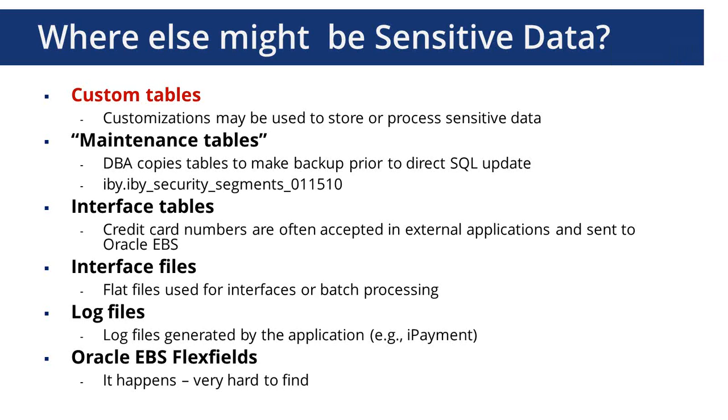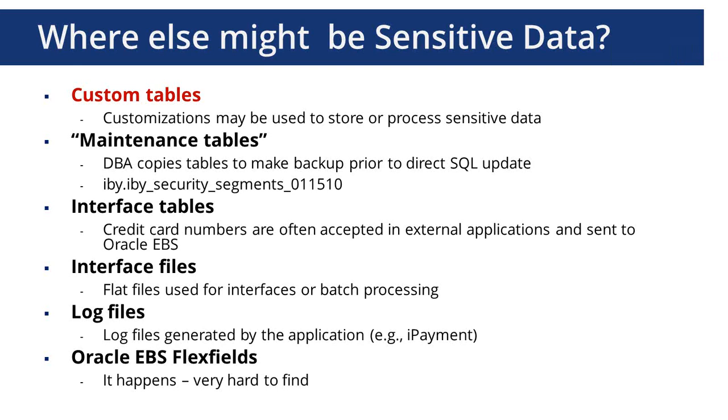Unfortunately, what often happens is credit card numbers get stuck in there. The interface, for some reason, blows up, somebody reruns the file, but these records get stuck in that interface table and never get processed, and there are unencrypted credit card numbers in interface tables. So you have to be very aware of what tables are being used for interfaces for credit card numbers, and make sure those are dealt with on a timely basis and that every record is processed.